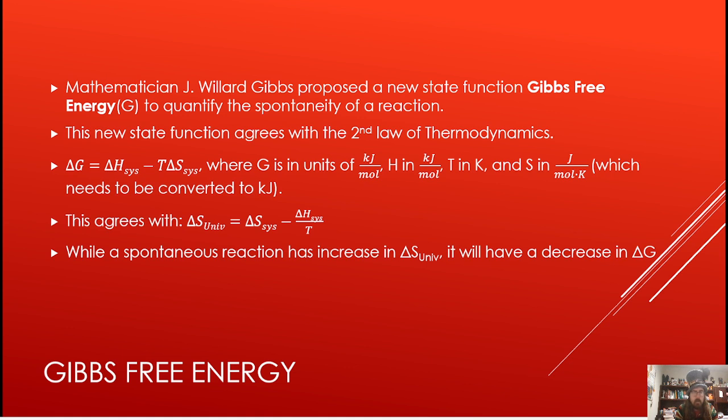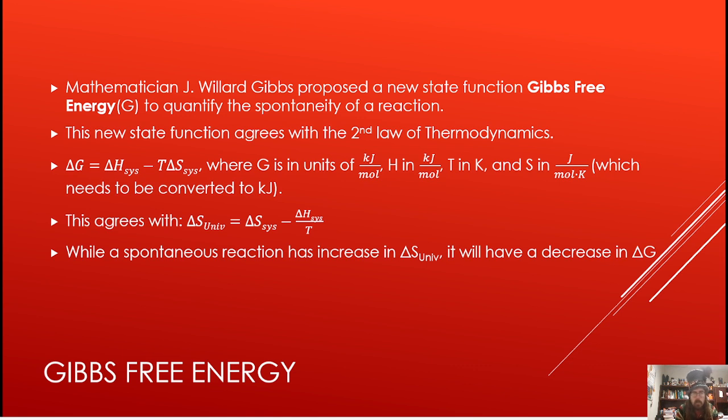This agrees with the second law of thermodynamics, which says delta G is equal to delta H minus T delta S. Typically we use Gibbs in terms of kilojoules per mole, similar to enthalpy. Temperature must be in Kelvin, and entropy is usually presented in joules per mole Kelvin, which needs to be converted into kilojoules in order for this calculation to work.